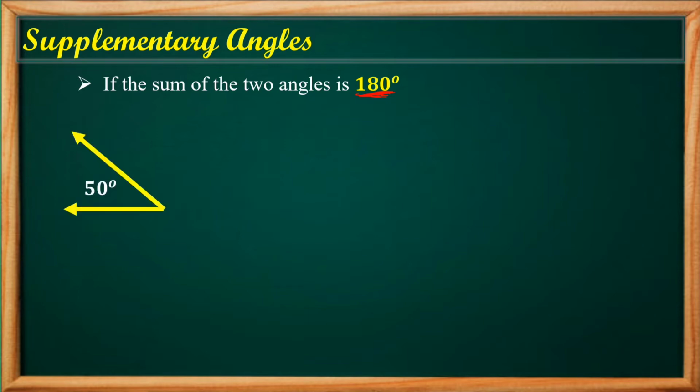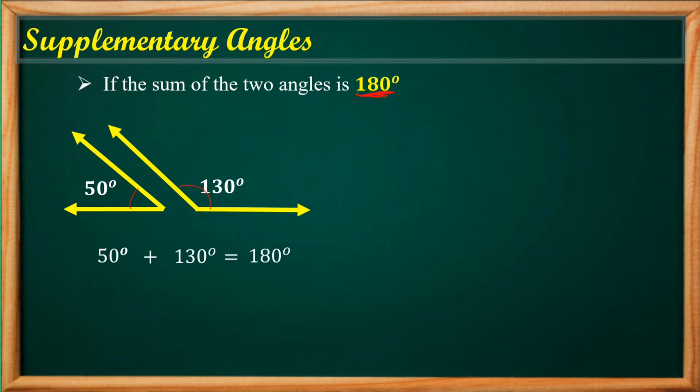Example, if we have an angle that measures 50 degrees, and another angle that measures 130 degrees, 50 plus 130, the sum is 180. Therefore, they are supplementary angles.